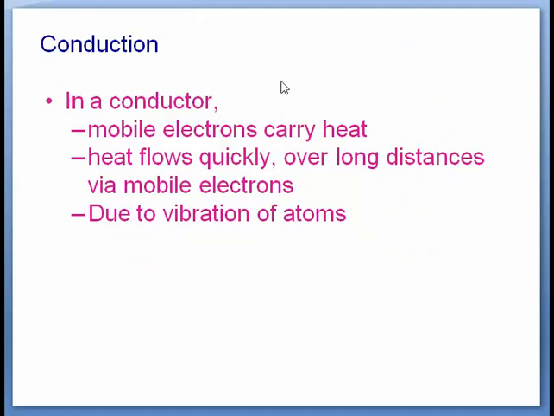There are two theories for defining conduction. One theory tells that the mobile or free electrons are basically the carrier of heat, and this heat is being transferred through these free electrons. And the second theory tells that heat transfer is because of the vibration of atoms in their lattice.